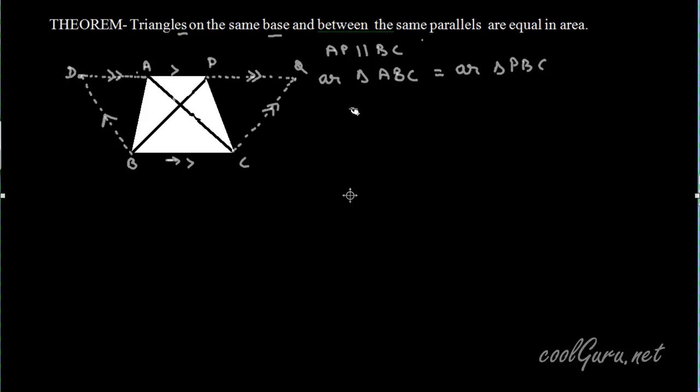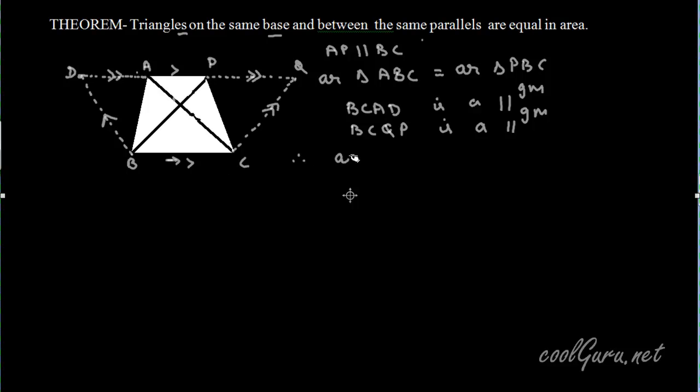Now consider this figure, BCAD, and BCQP. BCAD is a parallelogram because opposite sides are parallel. Similarly, BCQP is also a parallelogram because opposite sides are parallel, and both the parallelograms are on the same base BC.